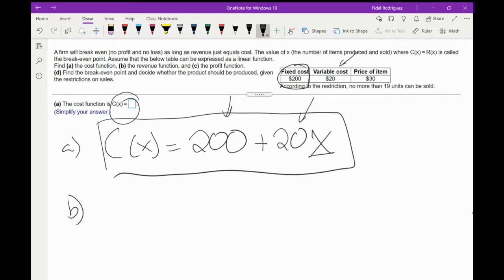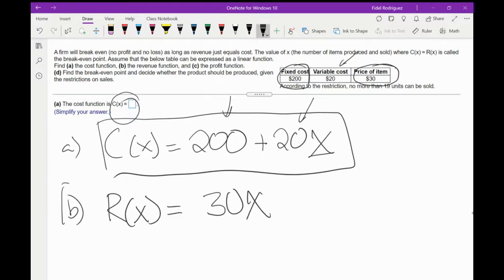And then let's take a look at part B, the revenue function. The revenue function tells me how much money we're going to bring in. The price of the item, that's how much we're selling these radios or headphones or whatever we're making. We're selling them for $30. So if we make 100, we're going to take 100 times 30.